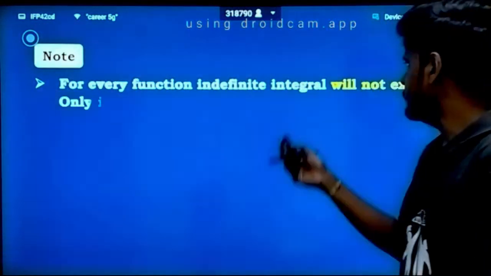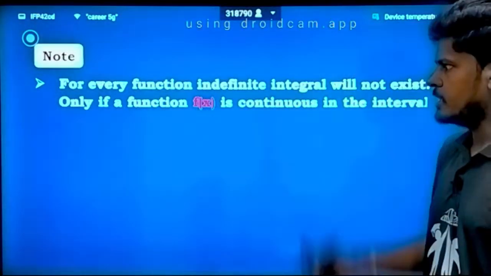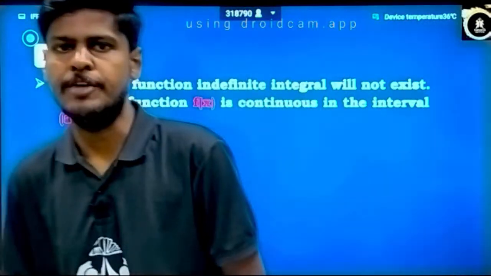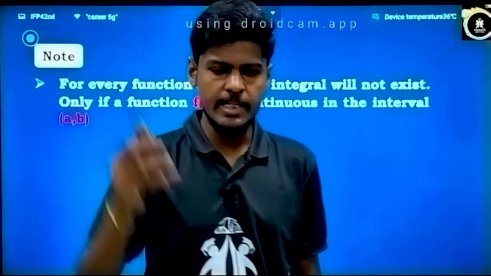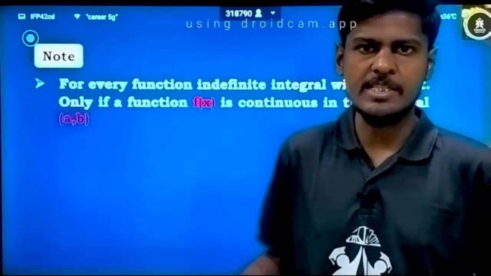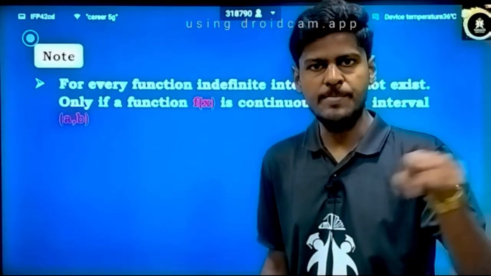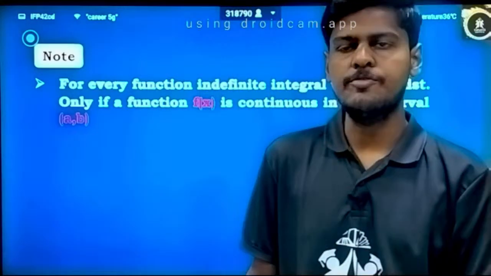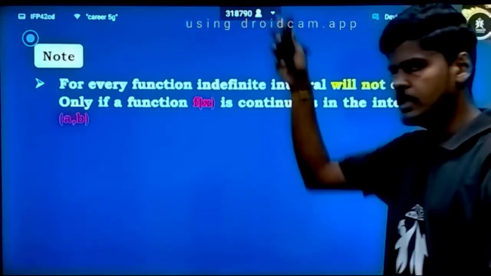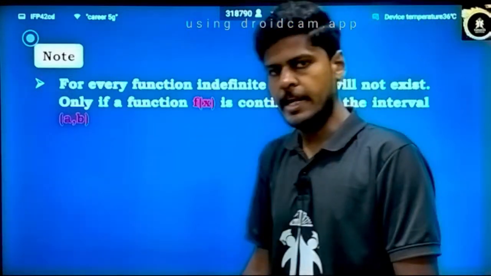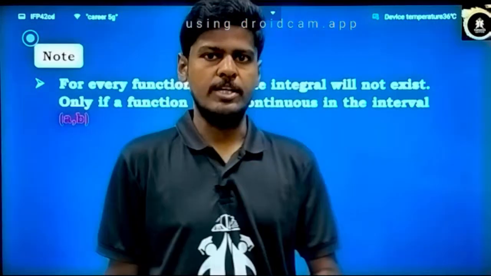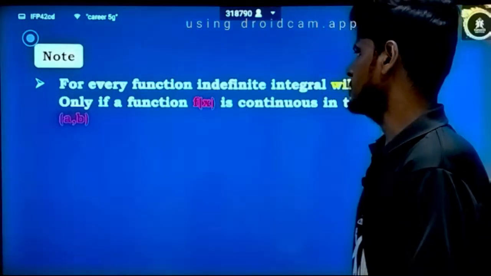For every function, an indefinite integral will not exist. Why is that? Because the function should be continuous for finding the indefinite integral. I have already explained: when we use the summation symbol, that is for discrete values. It is not a continuous function. But when we use the integral symbol, the elongated s, that signifies values for a continuous function, the summation of continuous functions.